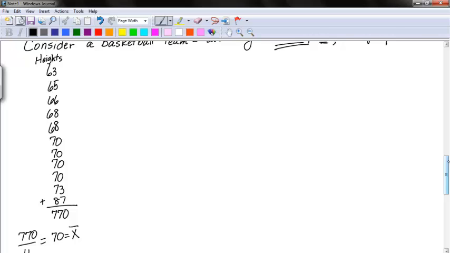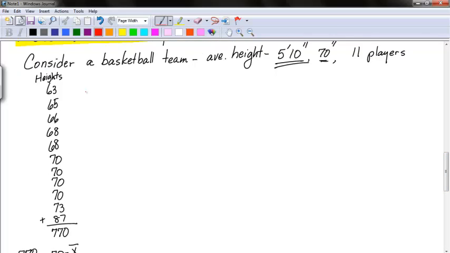Okay, on the next column, we are going to put the difference between the mean and their height, and the absolute value of that. So if I took 63 minus 70, that'd be negative 7, and I want the absolute value of that, so that would be 7. And this is actually the difference from the mean.